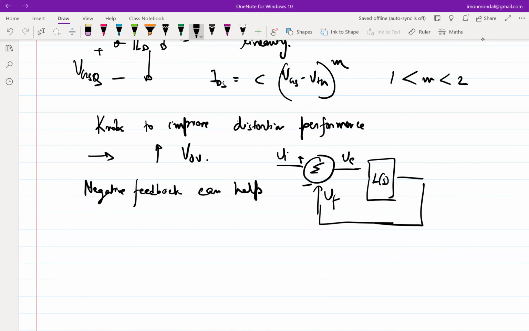Okay, so what else? Now, if negative feedback cannot help, then we have to obviously look into other ways of improving. I'll show you a couple, but they are obviously not ubiquitous. There are other ways of improving also, but the couple that I'm going to show you will probably help in your design going forward.